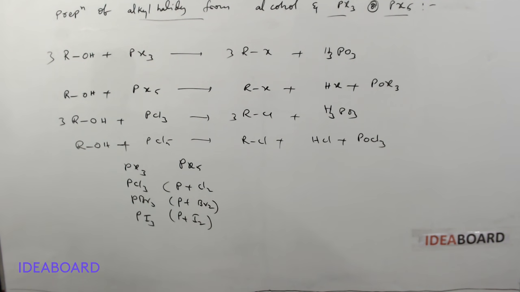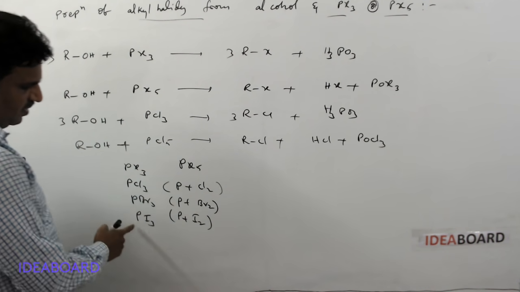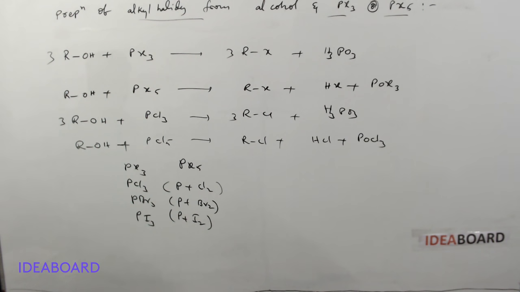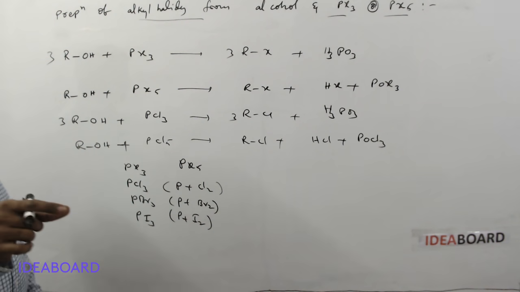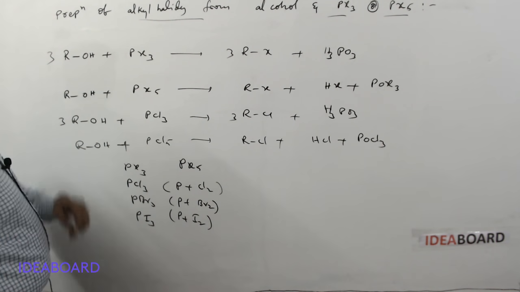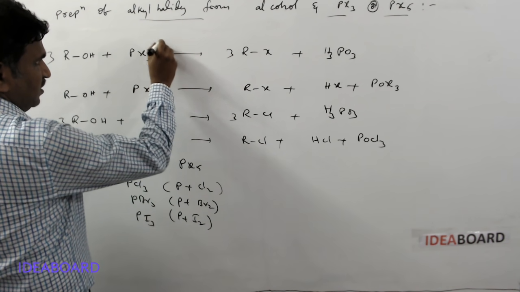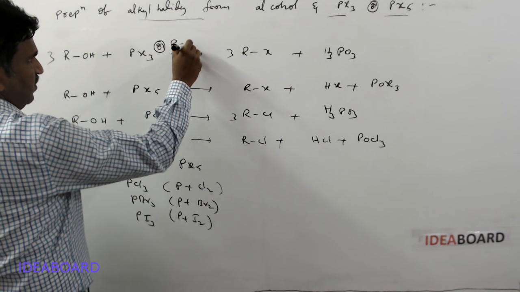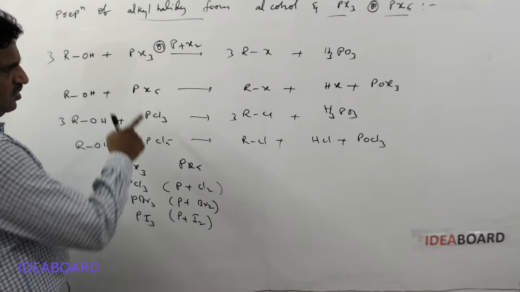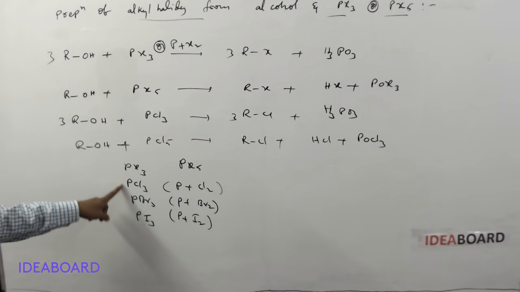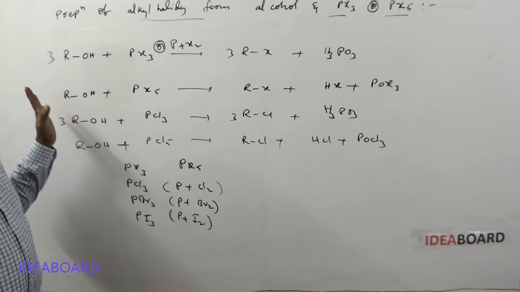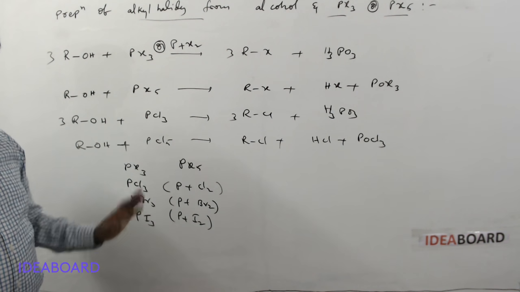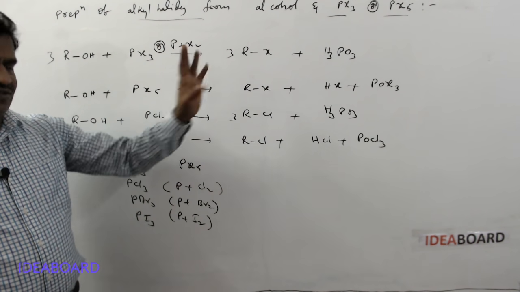So if not directly available, we take a phosphorus and halogen mixture. Sometimes they give P plus X2 instead. Please remember, the reaction is the same and the products are also the same.